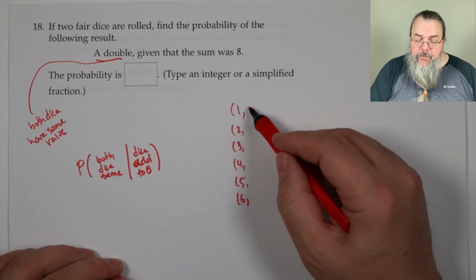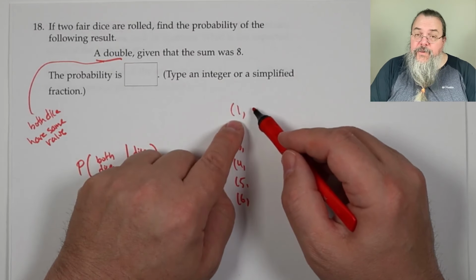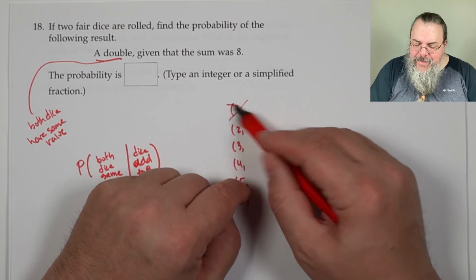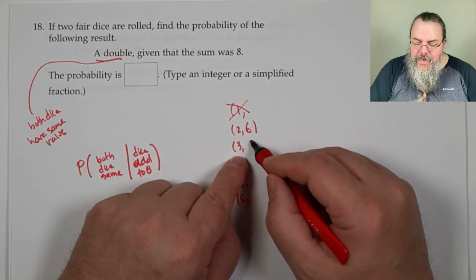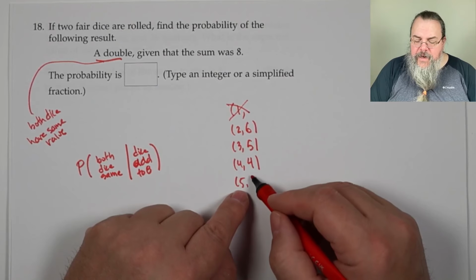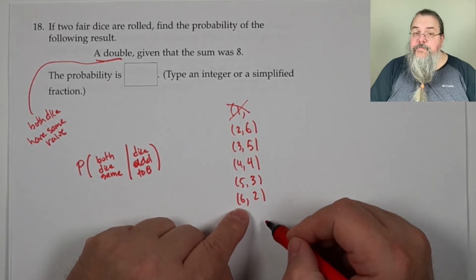Now, what would the second dice have to be if I want the sum to be 8? Well, 1 plus what gives me 8? 7. Wait a second. Dice stop at 6. 2 and 6. 3 and 5, right? I'm trying to get to 8. 4 and 4. 5 and 3. 6 and 2.